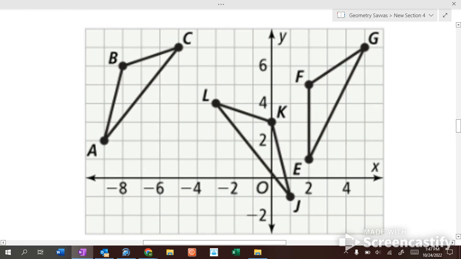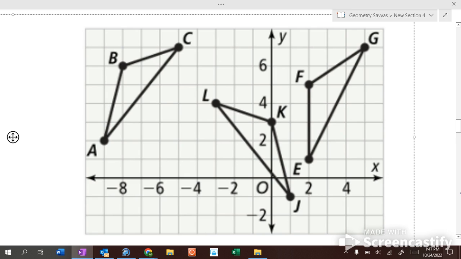Okay, so this is where you start counting squares. How do I get from A to B? I go up 1, 2, 3, 4, and to the right 1. So AB, I go up 4 and to the right 1. So any of these do I go up 4 and to the right 1? LK, JK, or JL?